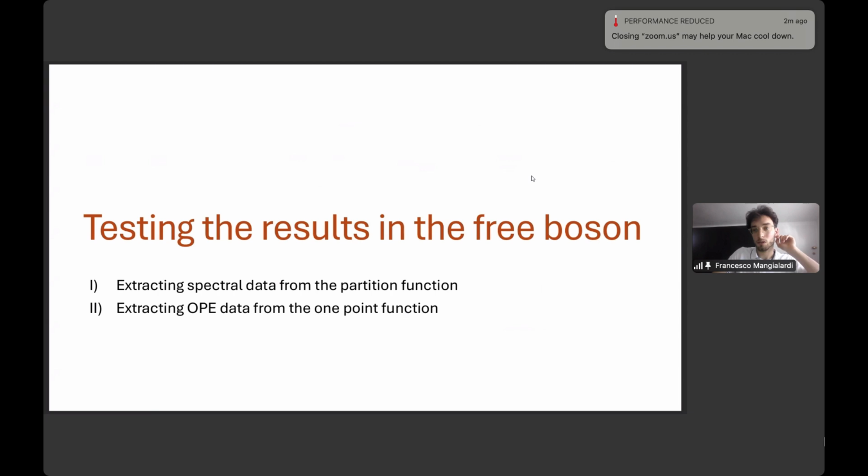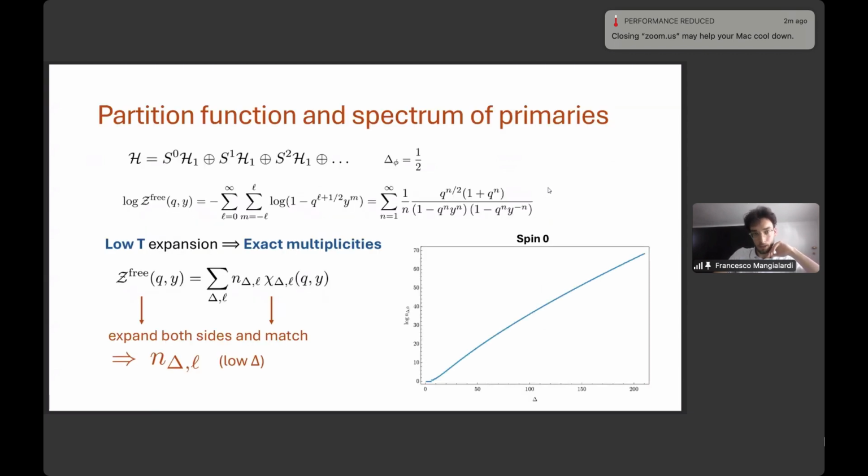Okay, so maybe now I can comment about the free boson. In this case, the Hilbert space of the theory is very simple, as it is just the Fock space built over the Hilbert space of the single particle associated to the field phi.